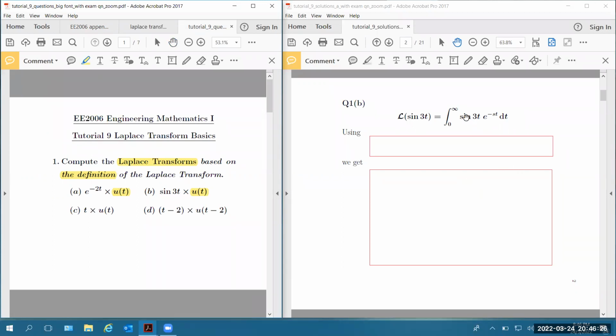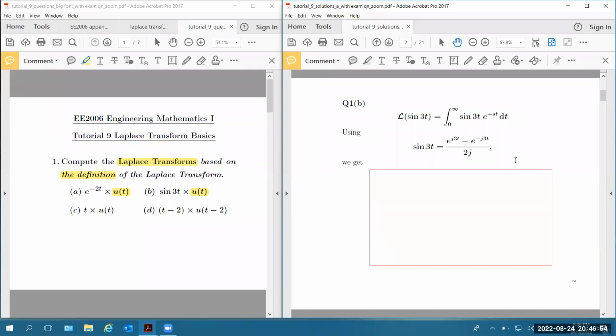But because this is sine 3t, we know the Euler formula, right? I think you all call it the Euler formula. We also have a similar one for cosine 3t. So you can write sine 3t as e to the power of 3it minus e to the power of minus 3it, divided by 2i.